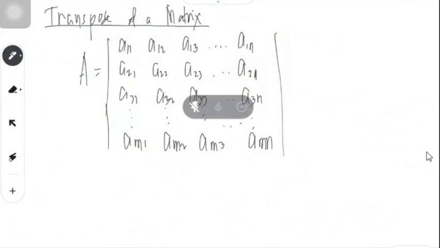You simply interchange the row to its corresponding column. That is a transpose of a matrix. So all of the elements on the first row will become the elements on the first column. All of the elements on the second row will become the elements on the second column. That is transpose of a matrix. The transpose of a matrix is normally denoted by A to the T.